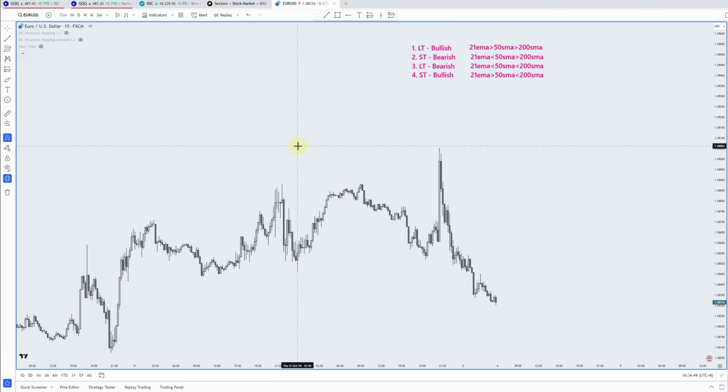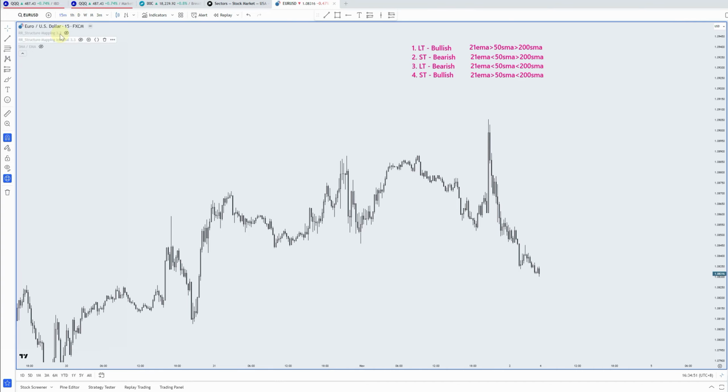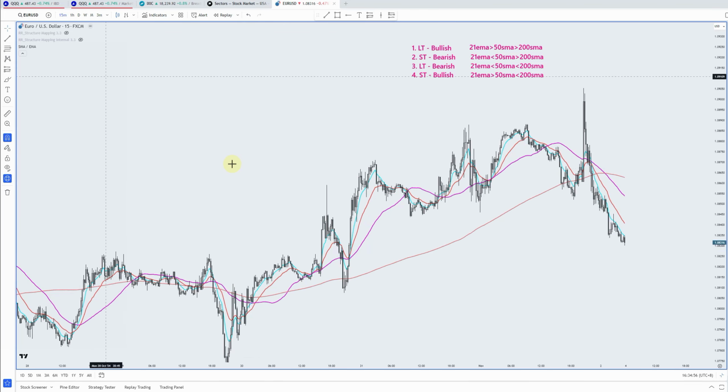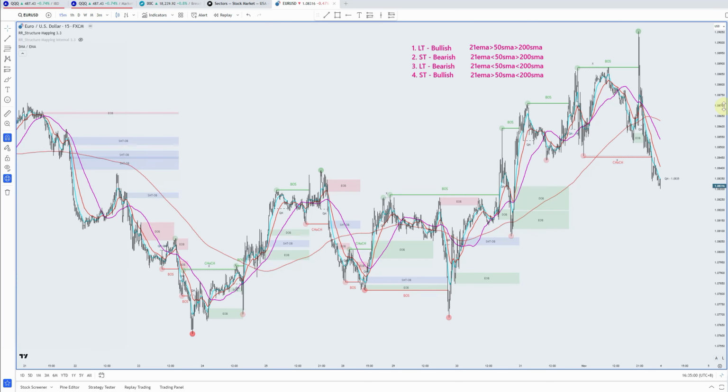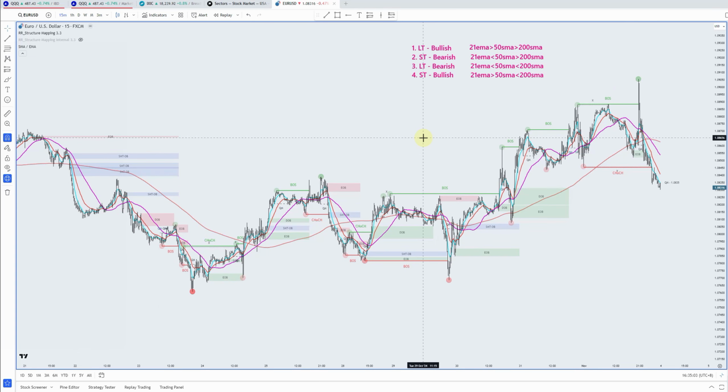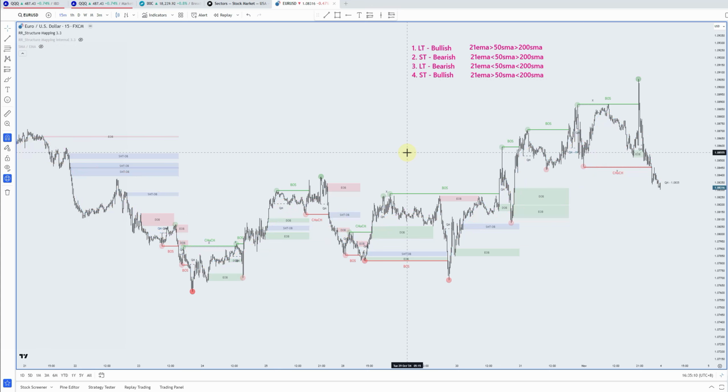So let's see. I turn on the moving averages, and this is what we have, the ranges. So the point is how to connect everything together. You don't need to use the moving averages all the time. You remember one rule I told you in the SMC trading, and that rule does not just come out of nowhere.